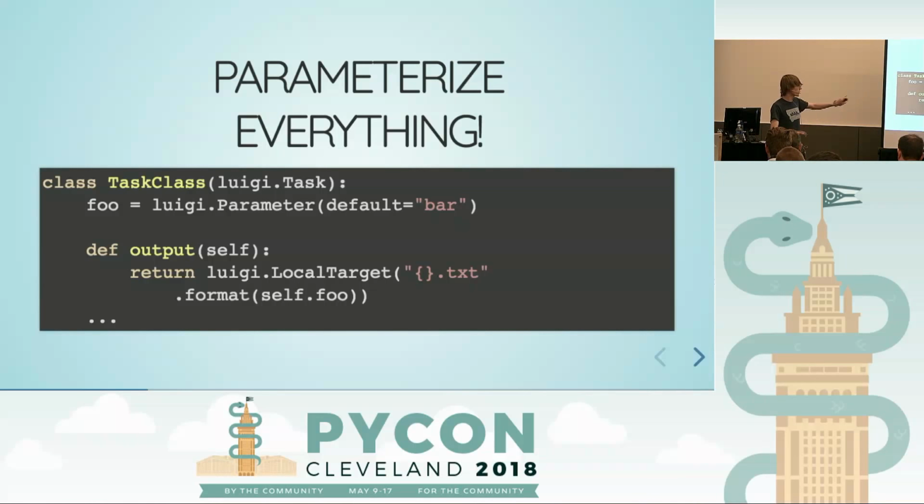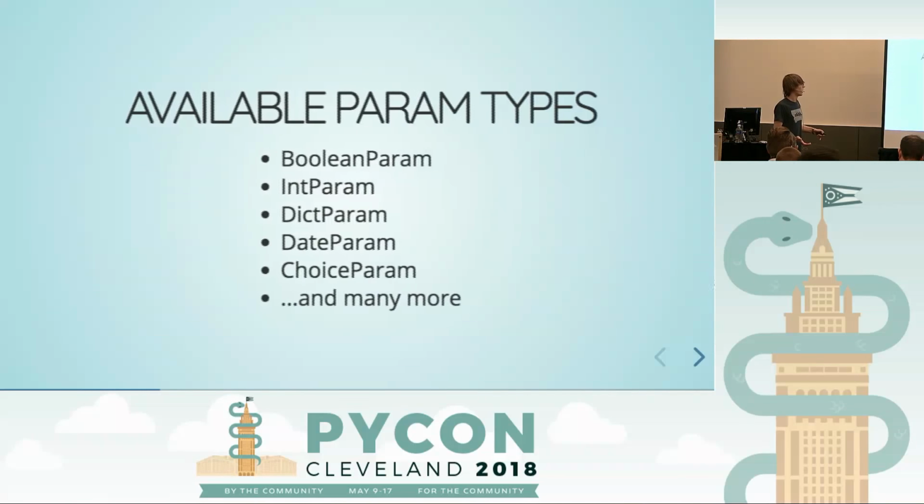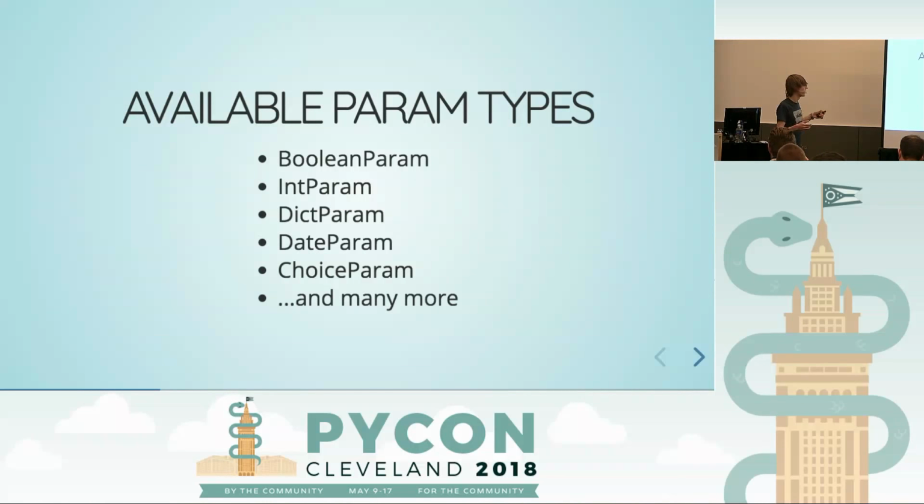Now, there are more than just luigi.Parameter here, because luigi.Parameter is going to be a string when you pass it in, unless it's something else. But if you want to specify that it's going to be a specific type of param and to cast it to that type, so if you get a string and you want an int, then you make it an int. You can specify an IntParameter instead, or you can specify a BoolParameter.